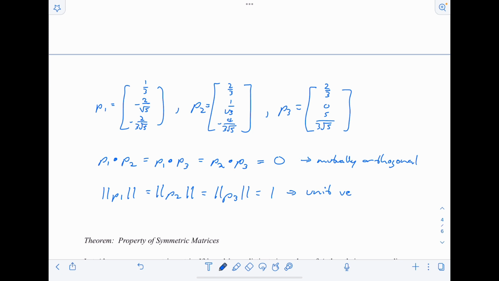And as long as both of these things are true, mutually orthogonal and unit vectors, which they are, we know that these column vectors P1, P2, and P3 create an orthonormal set.